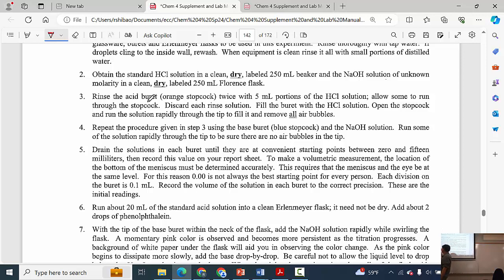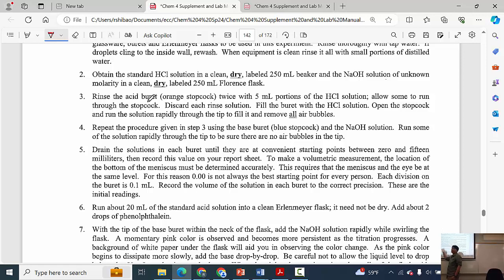They don't know how to read the burette properly, and so don't be that person. Make sure you read this to the nearest hundredth. That is 2 spaces after the decimal. If I see this, then usually that's a lot of points off, like 50% off or more. Depends on the circumstances, but I see this once in a while.